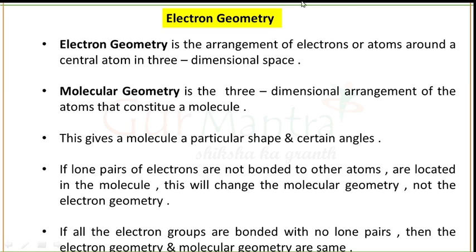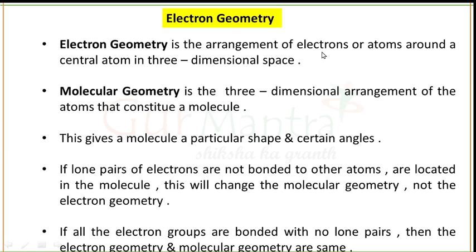Geometry is the arrangement of any atom, any electron, any molecule in free space. There are two kinds of geometry present in nature: number one is electron geometry and number two is molecular geometry.